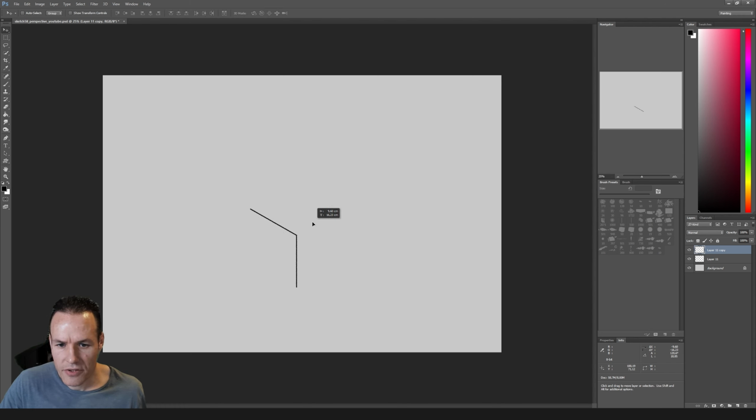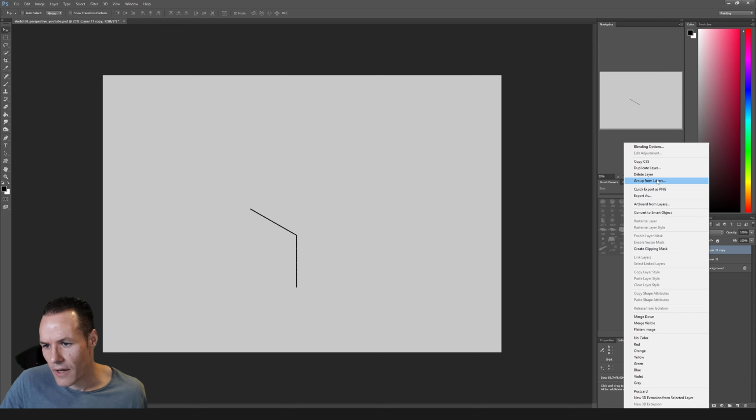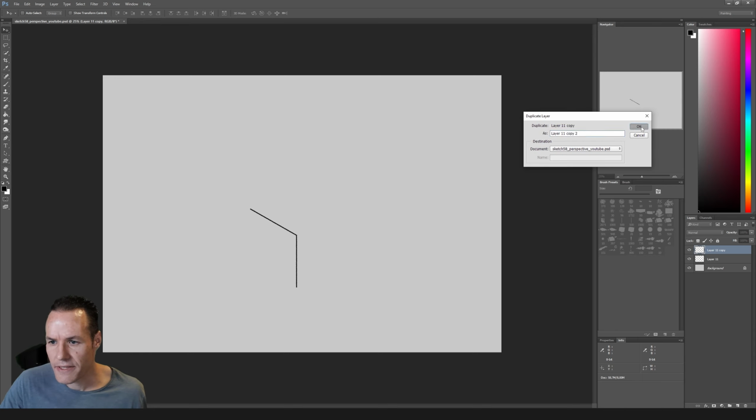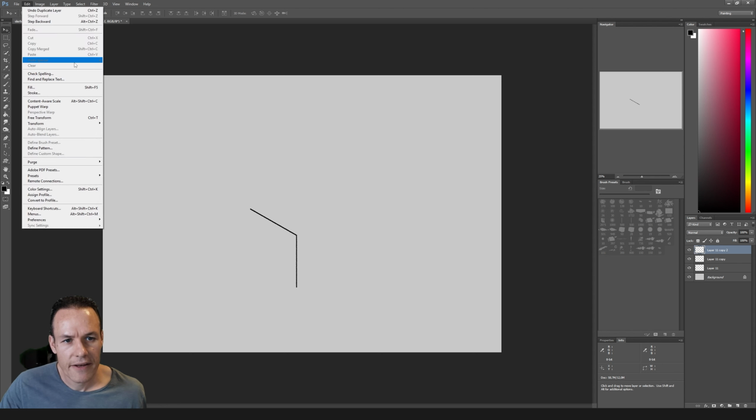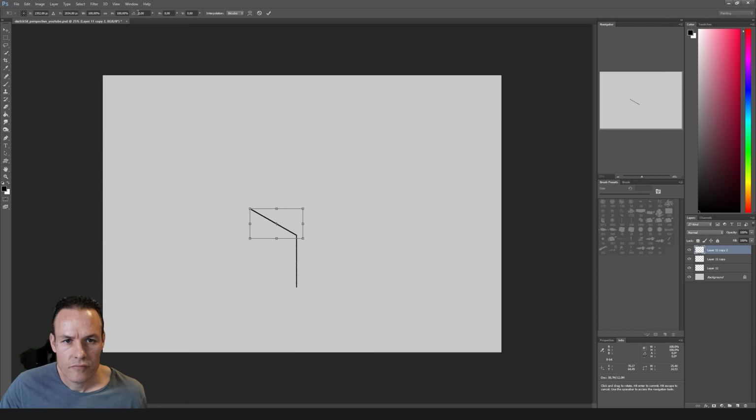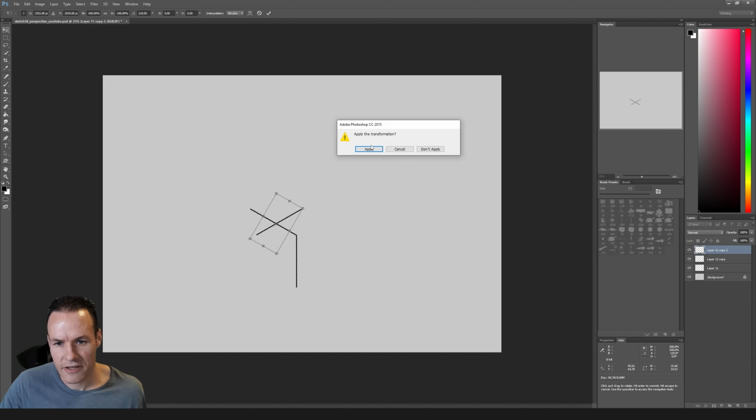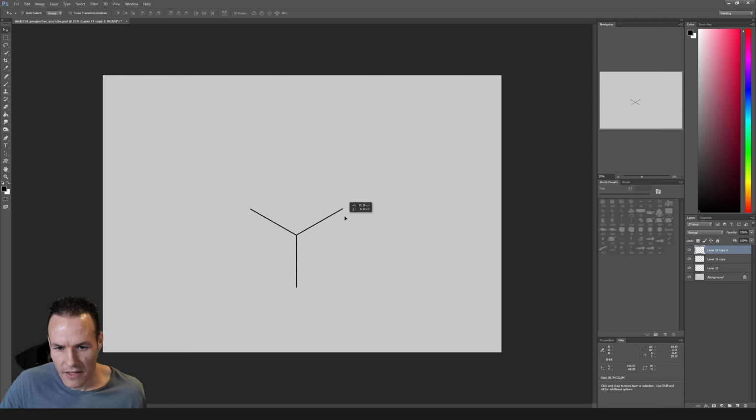So this will constitute your second dimension. And then basically we do it again. Just so. Could have mirrored this, but this will do. So guys, this is the essence of isometric projection. Now the rest I will freehand, right?